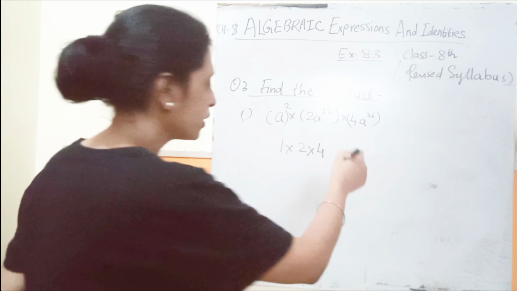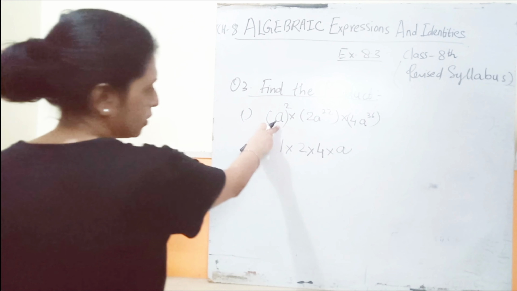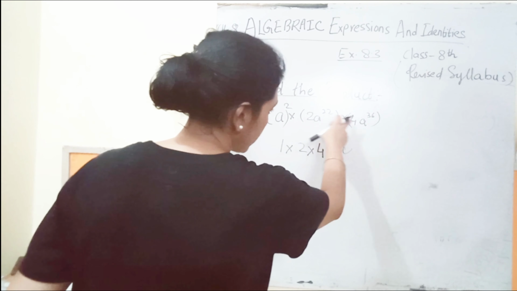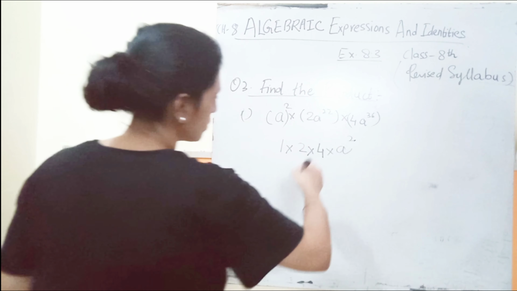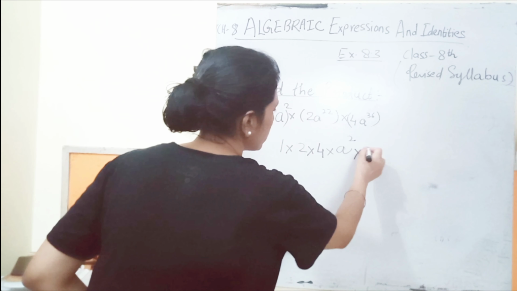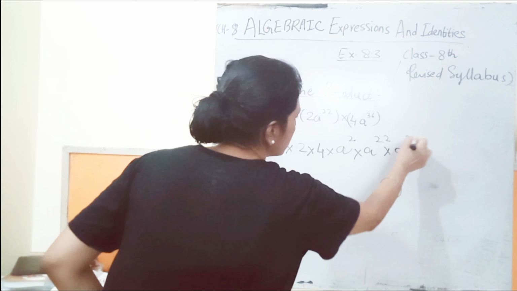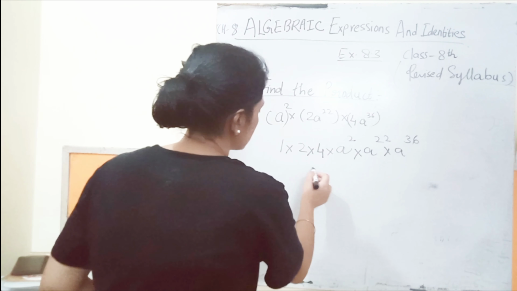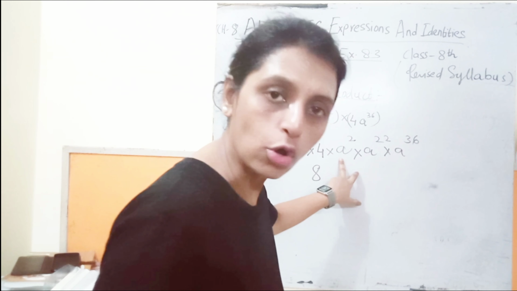Okay. Then you write the base. Here also the base is a, here also the base is a, here also the base is a. So it will be a to the power 2 into a to the power 22 into a to the power 36. Okay. Now 4 2s are 8, 8 1s are 8. So 8. And children, here we have to apply the laws of exponents.